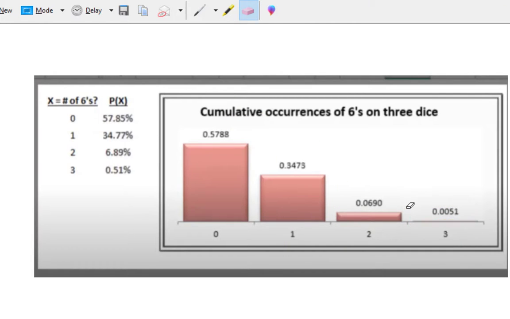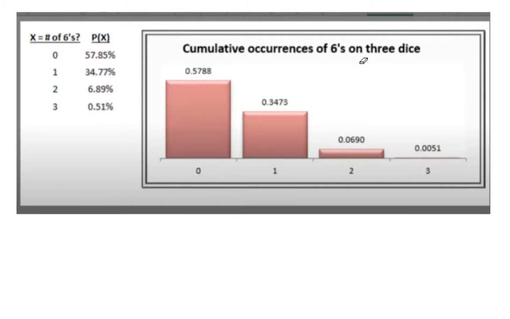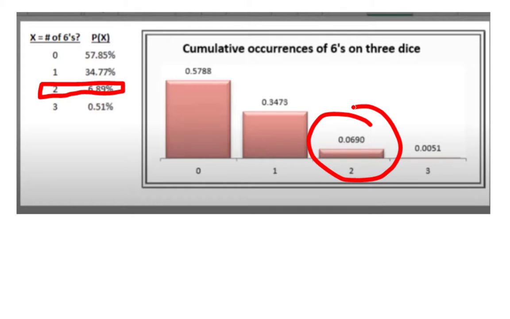At this point in the video, we had you collect this distribution. And I'm interested in the 2 6s case. Now you can see from the distribution, this happens about 7% of the time. 7% is 7 out of 100.